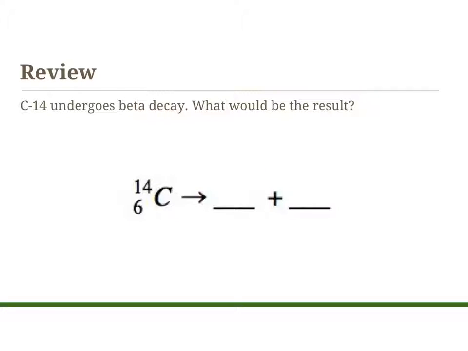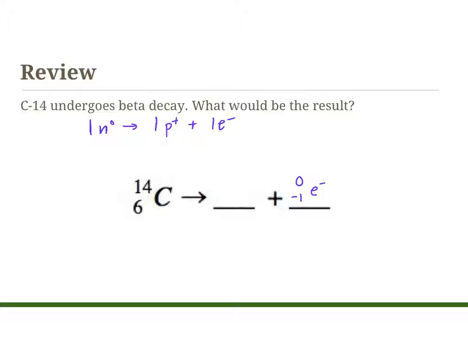The second thing that we did yesterday is we actually learned about what to do in this situation here. So we had carbon-14 undergoing beta decay. What we have to remember is that in beta decay, one neutron changes or splits into one proton and one electron. So in this example, because it's beta decay, I know that I have an electron being produced.